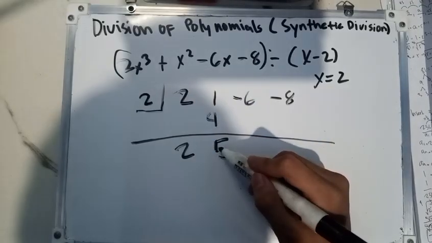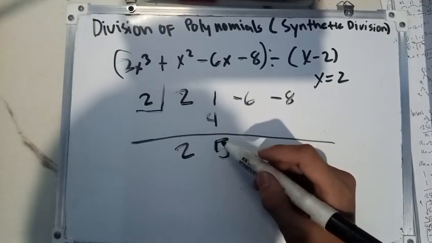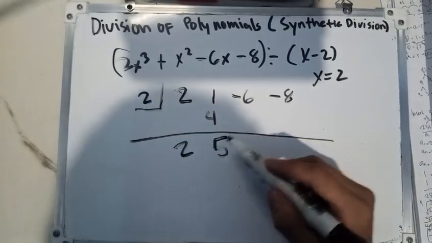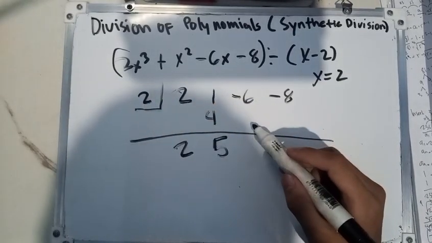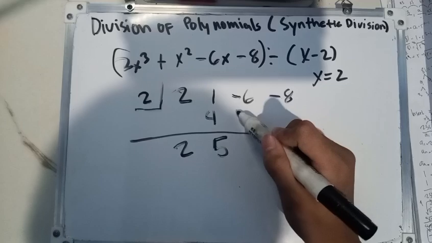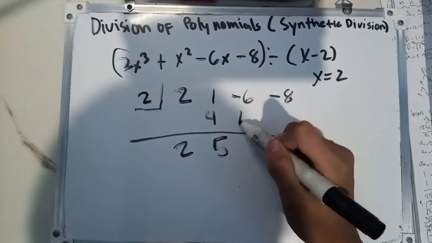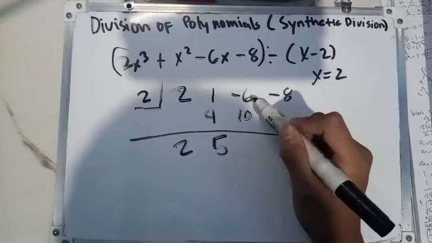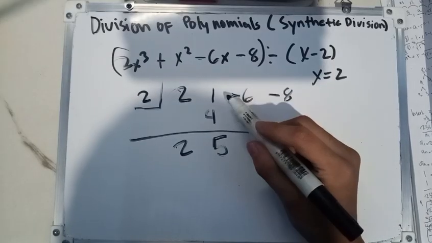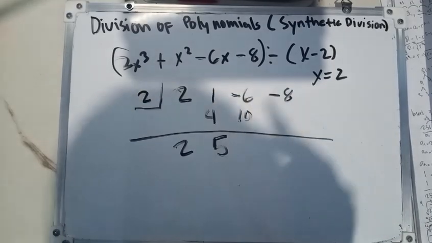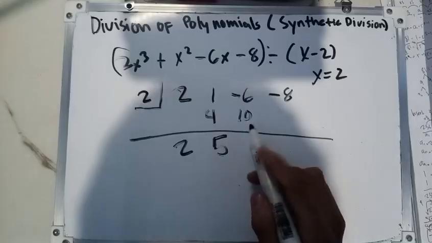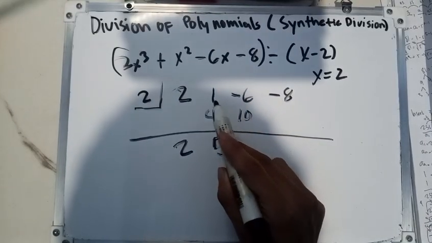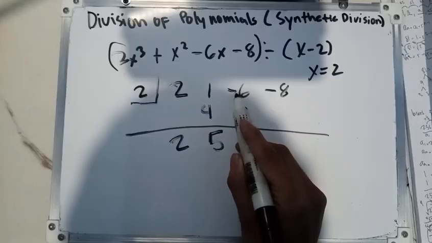Now the process repeats again. 5 times 2 is 10. We put it below the number that precedes the value of 1 here, so this is negative 6.